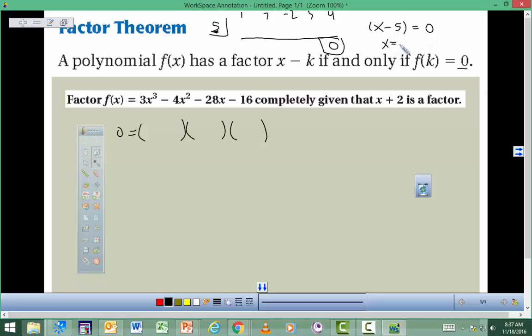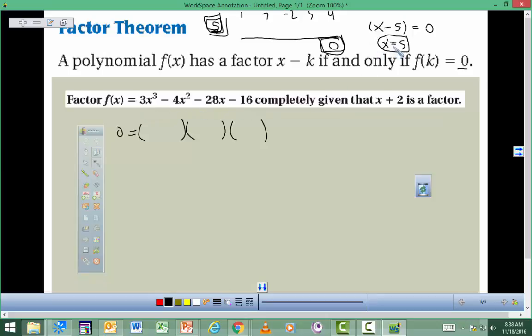You'd say, well, that would have to be x equals 5. Does that make sense? So if you're using synthetic substitution or synthetic division, whichever you want to call it, and you do this little algorithm where you do this zigzag pattern and you get a 0 over here, it means that this was a factor of the original polynomial.